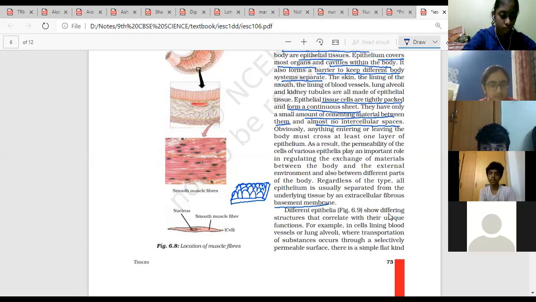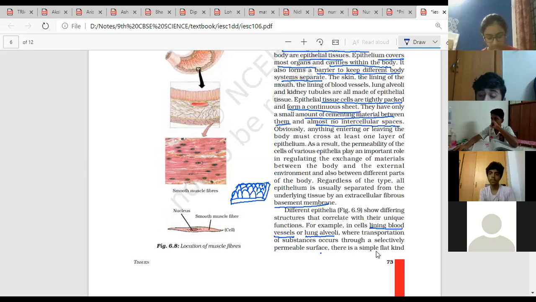Different epithelia show differing structures that correlate with their unique function. Different epithelium has a different shape and structure depending on its function. For example, in the cells lining blood vessels, the arteries and vessels, or lung alveoli, where transportation of the substance occurs through a selectively permeable surface, a simple flat epithelium is present, which we call squamous epithelium.